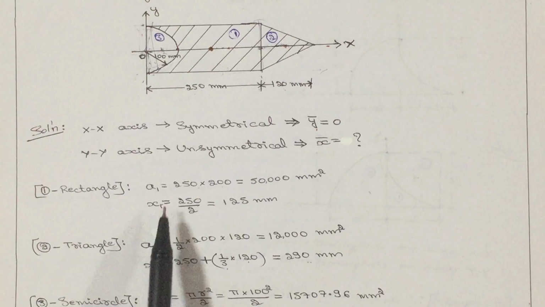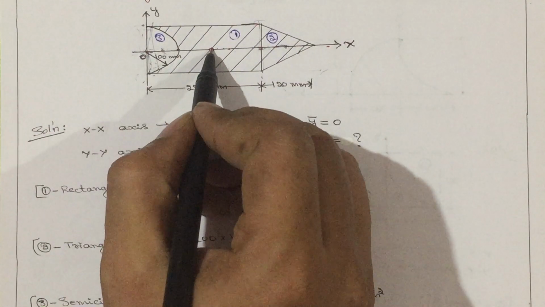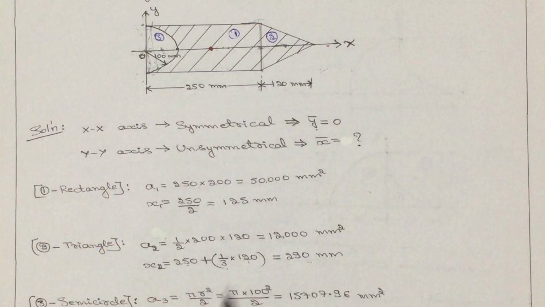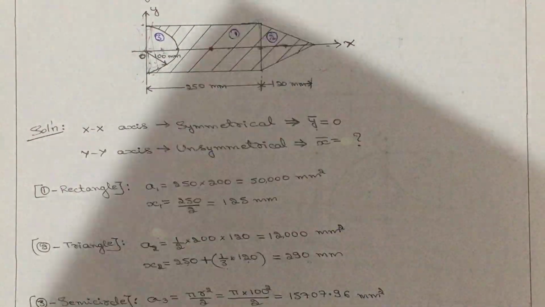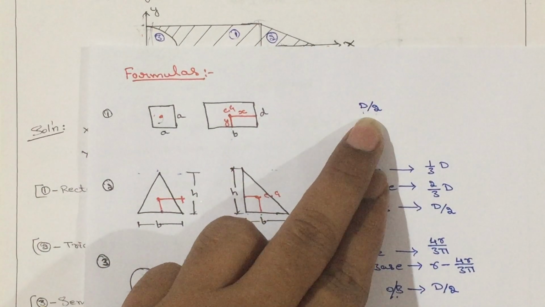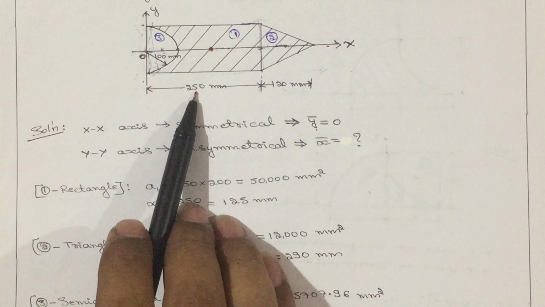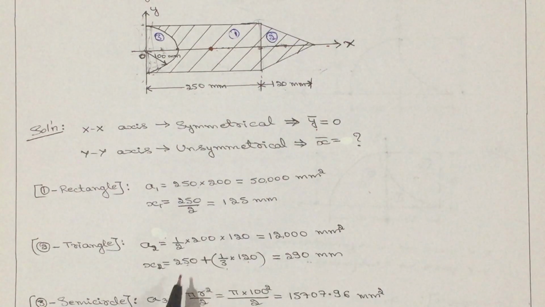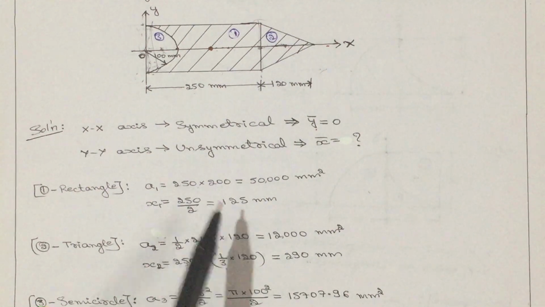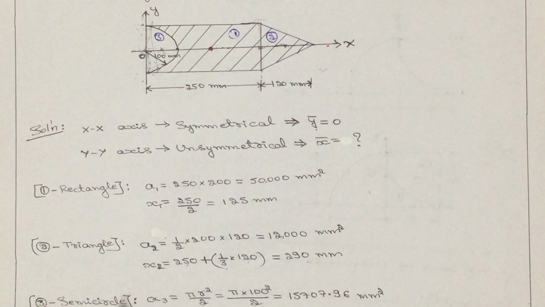Then x1 is the distance of the centroid of this rectangle from the y axis. For a square or a rectangle, the centroidal distance is d by 2, so 250 divided by 2. We are measuring on the right hand side, so it is positive, plus 125 mm.